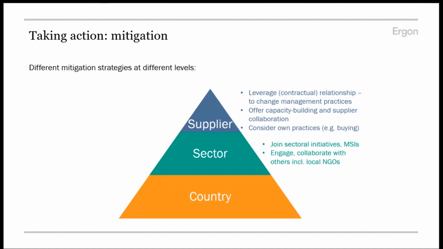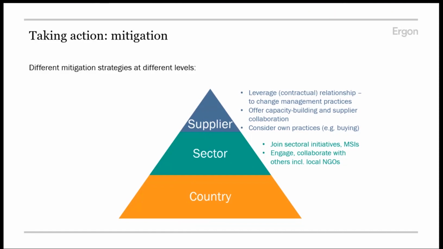And at a country level, the problem might be the government, it might be the law, it might be the minimum wage, it might be lack of enforcement. So again, what can you do collaboratively with other brands, with other suppliers in country to try and address some of those problems through lobbying?